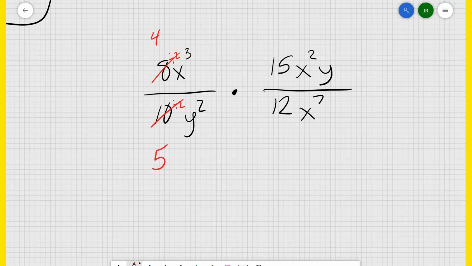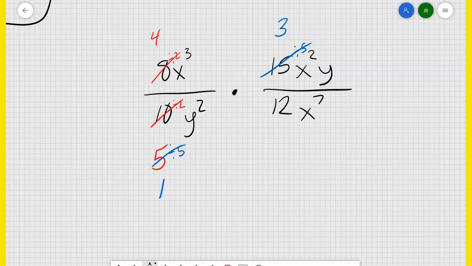Okay, I can keep going. The 5 will also reduce with the 15. So the 5 will reduce with the 15 by dividing. Let me get a different color. By dividing by what? By dividing by 5. So now the 5 becomes a 1, and the 15 becomes a 3.